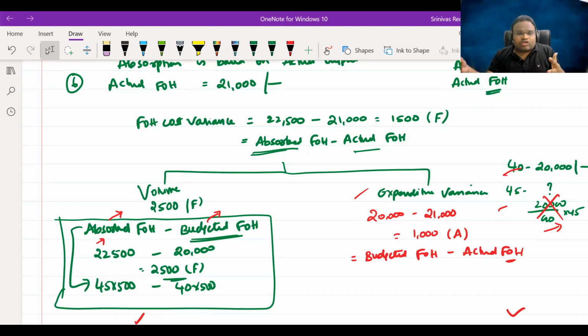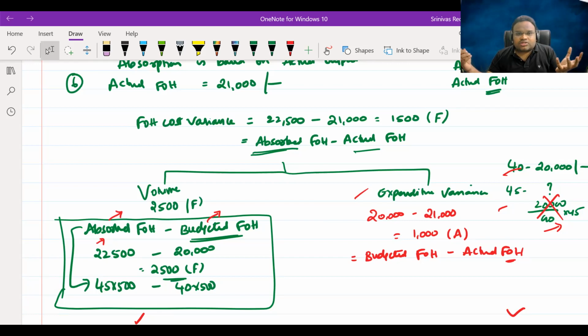The treatment of over absorption and under absorption we'll discuss in the overhead chapter. Now you'll work out fixed overhead cost variance. It is subdivided into fixed overhead volume variance and fixed overhead expenditure variance. Volume variance is the difference of absorption minus budget. Absorption is based on actual output, budget is based on budget numbers.